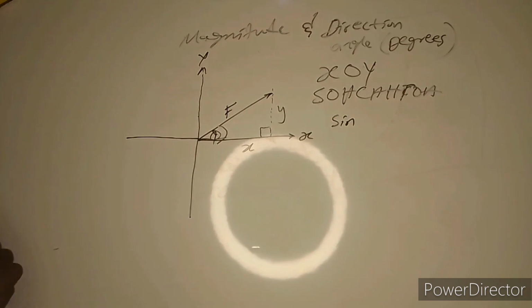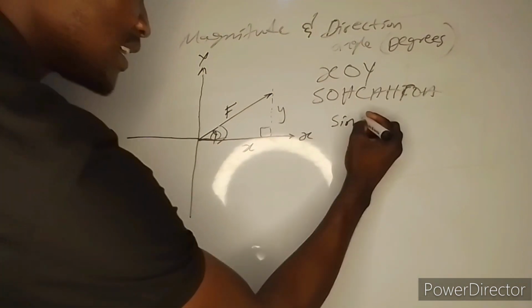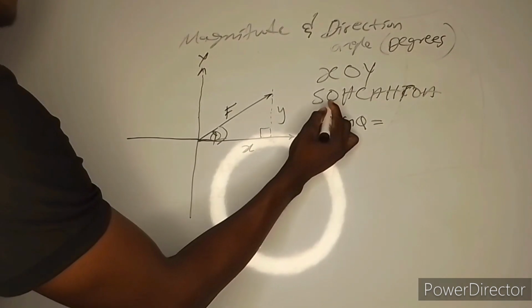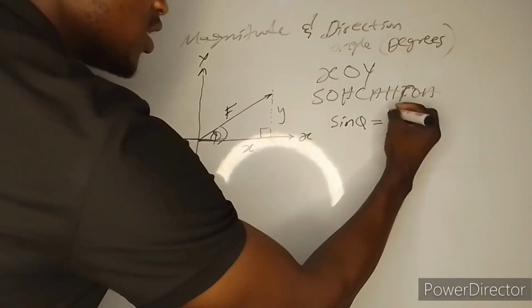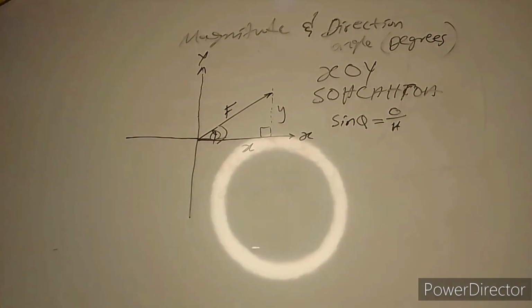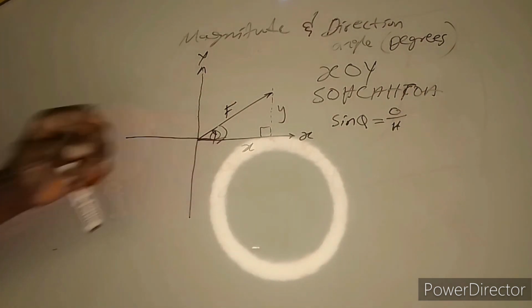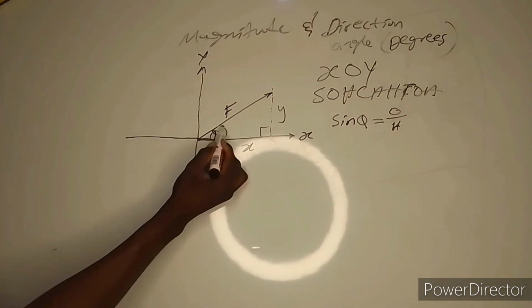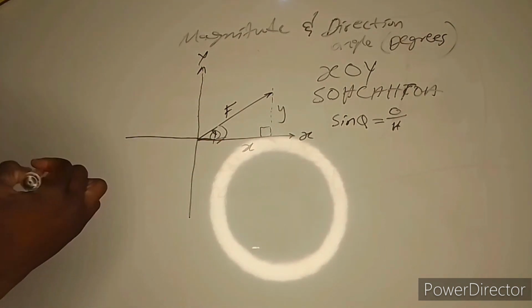Remember we have theta here, so we say sine theta is equal to opposite over hypotenuse. In our example, here is our theta, then what is our opposite?